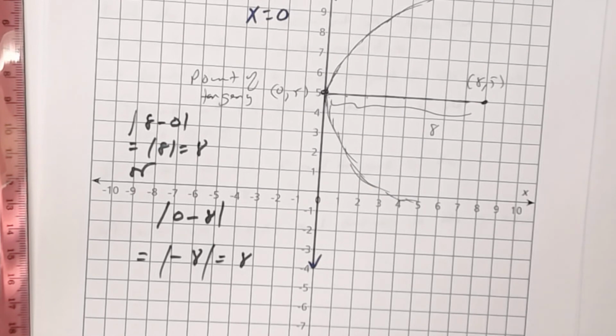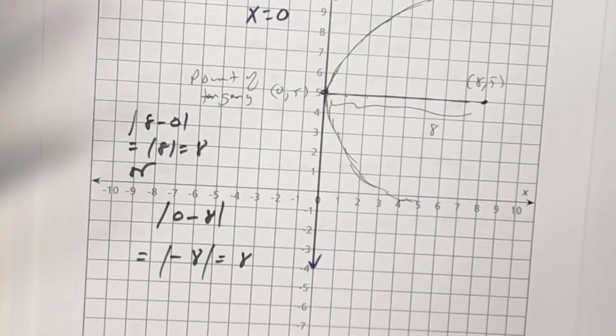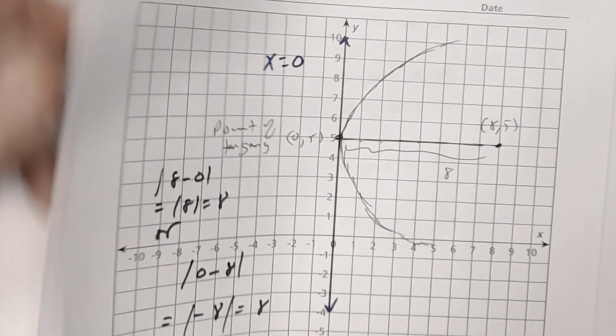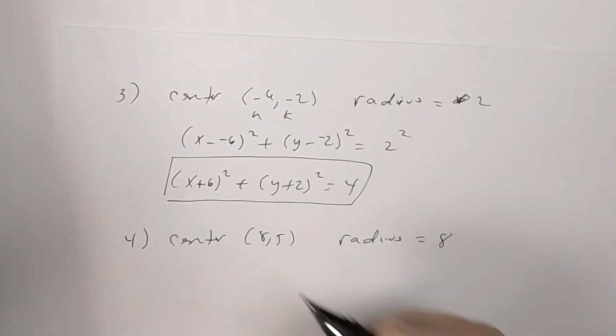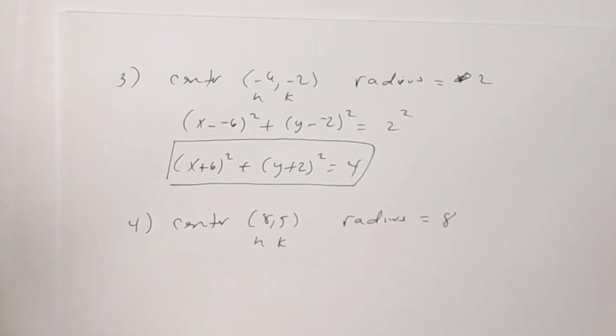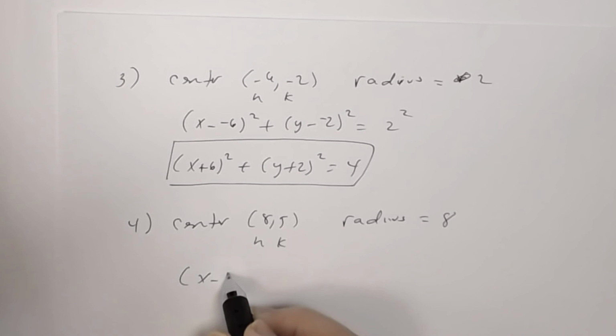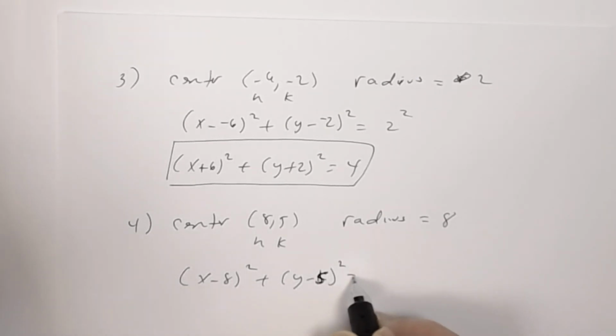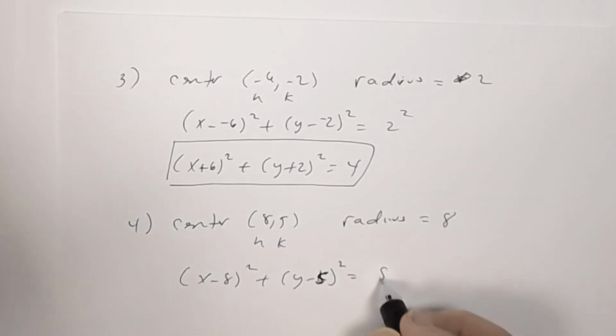Okay, so then we have this now. We're almost done. We know the length of the radius is 8. So I'm going to put right here r is 8, and then I just substitute these values into our formula. So we get (x - 8) squared plus (y - 5) squared equals 8 squared, right?